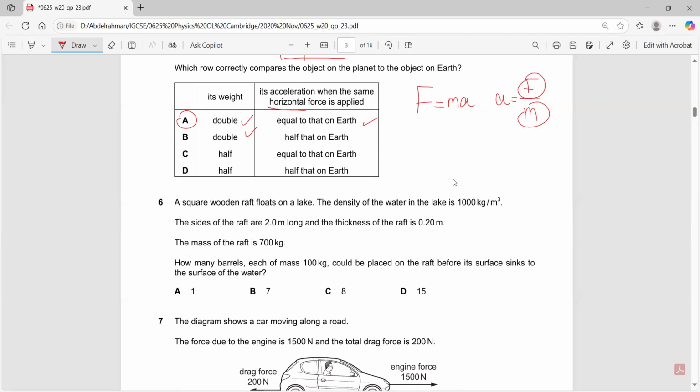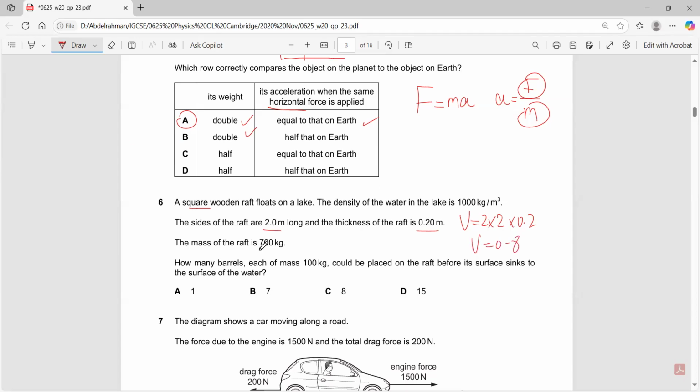I need to find the volume of the raft. This is a square wooden raft, so it's 2 by 2 by 0.2. So the volume would be 2 times 2, which is 4, times 0.2, or 0.8, right? Okay, so this is the volume. Volume equals 0.8.